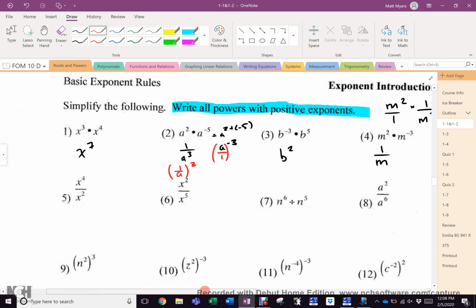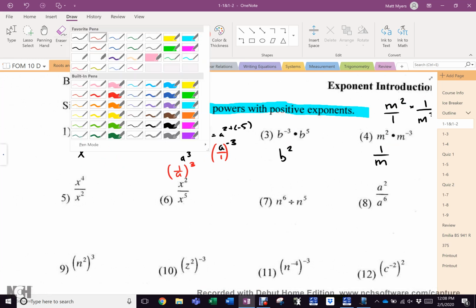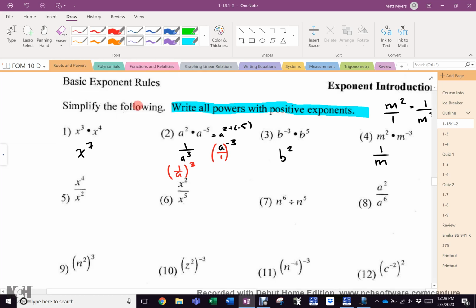All right. Let's change color. Purple. Okay. And Javon. X squared. X squared. Lovely. And number 6. Edward. 1 over x cubed. Well done. And number 7.